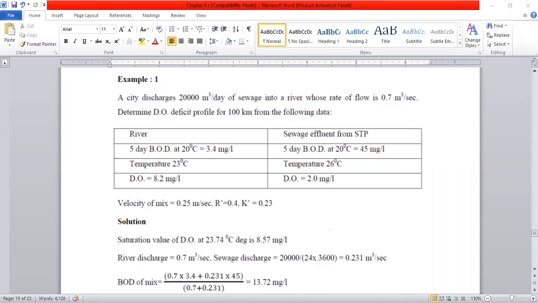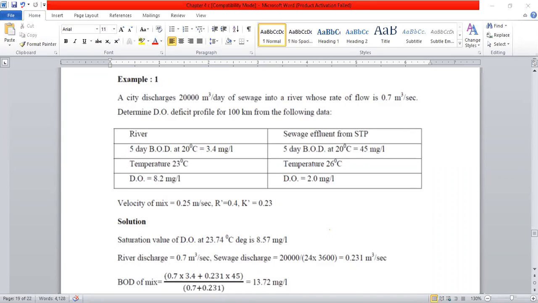Not only is the temperature difference given so that you can find the temperature mix and then solve the example. It is not like this. It matters further on various parameters, especially the rate constants, the deoxygenation rate constant and reoxygenation rate constant.